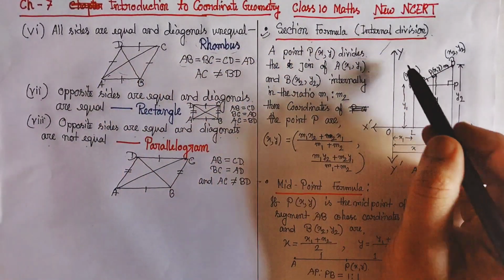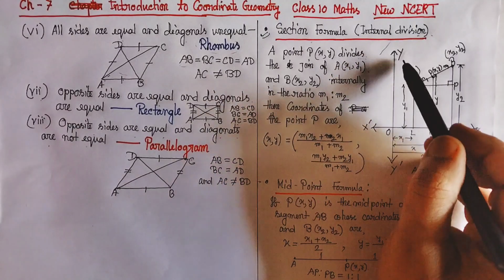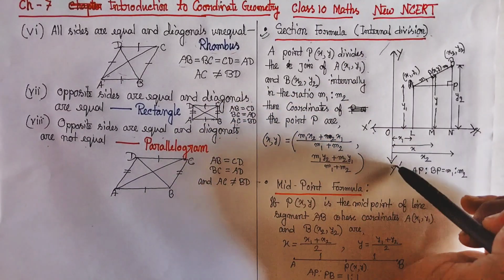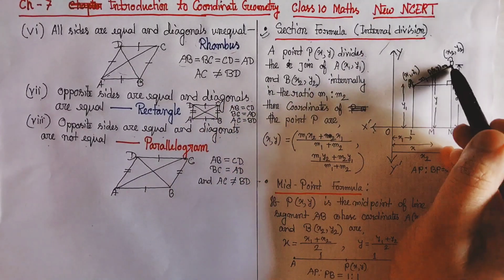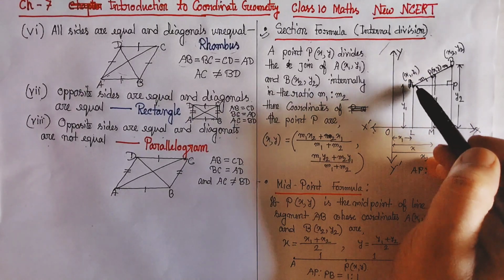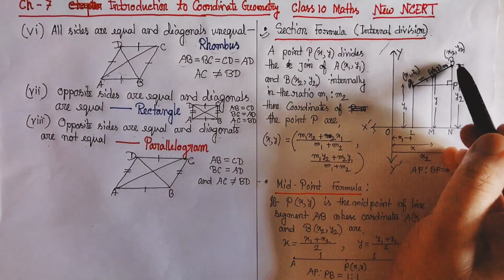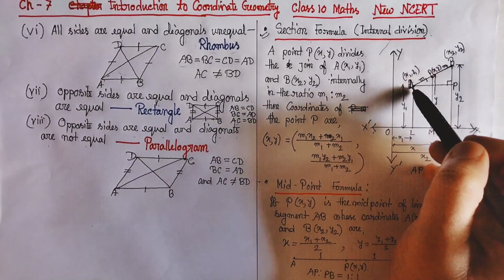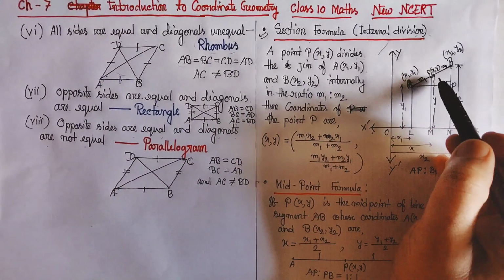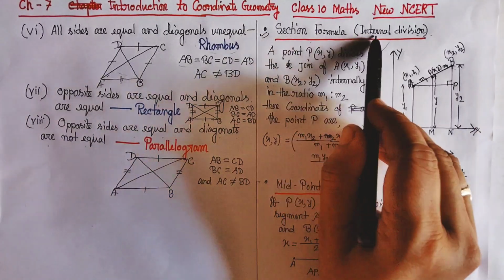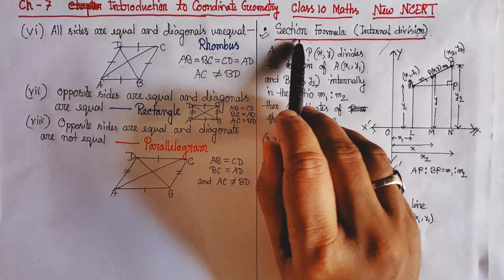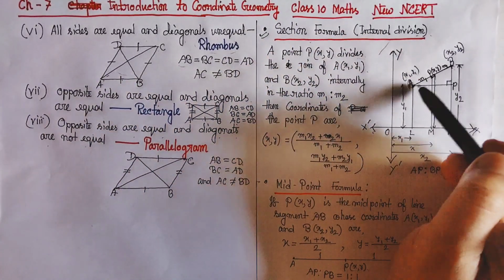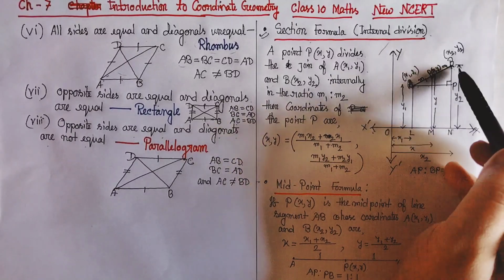internal division. In the coordinate axes, x-axis and y-axis, suppose AB is a line segment joining 2 points A and B, divided by a point P. The section formula gives the coordinates of a point which divides a line segment joining 2 points.